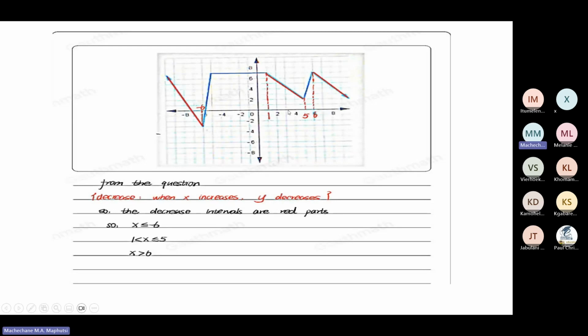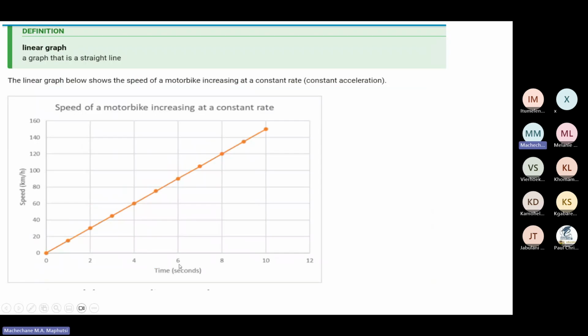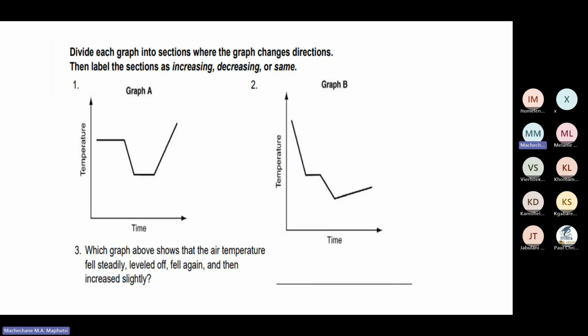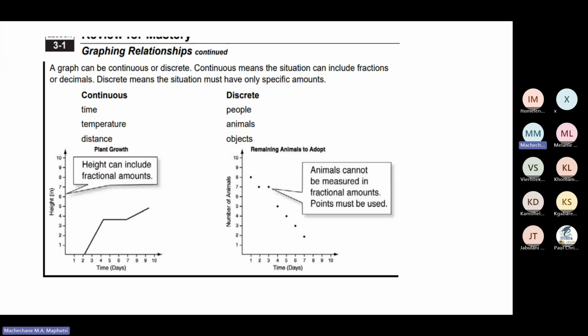Also between 1 and 5, the graph is decreasing. Also from 6 to positive infinity, the graph is decreasing. So those are the intervals that we were looking for.